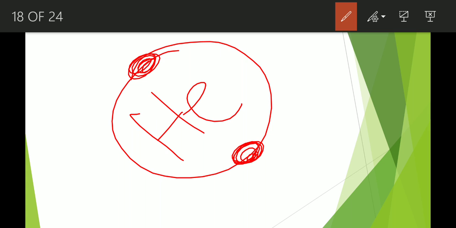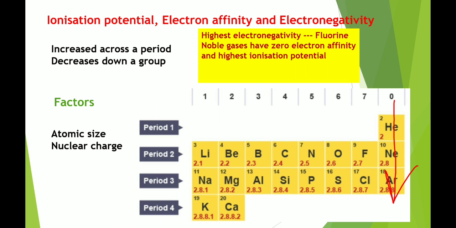Already it has achieved a duplet, so there is no need to lose an electron. So we have to forcefully remove the electron from helium. That's why more energy will be required. So the highest ionization potential is found in the case of noble gases or group 18 elements, right?